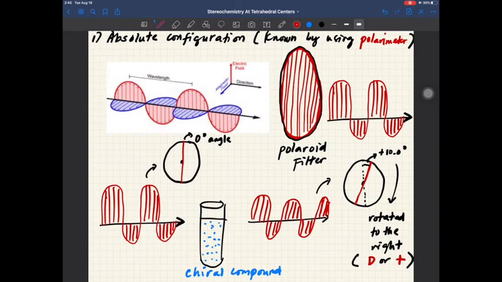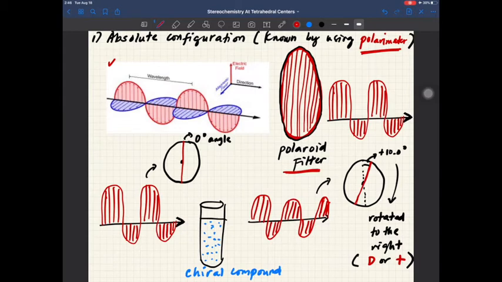Take note that light is composed of both an electric field and a magnetic field. Light as a wave is represented by this given figure having both electric field and magnetic field. In order to determine the absolute configuration, we have to use an instrument called a polarimeter. A polarimeter has what we call a polaroid filter that only allows one component of light to pass through.